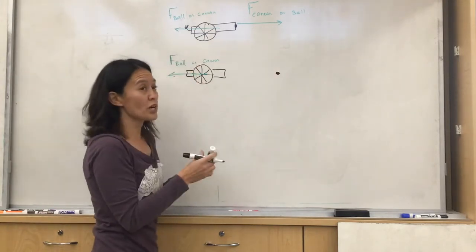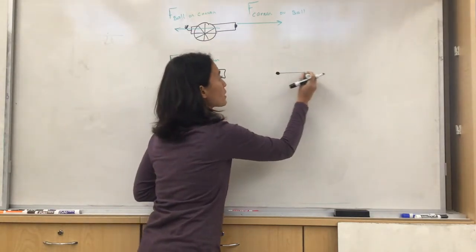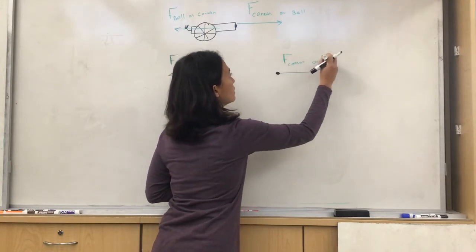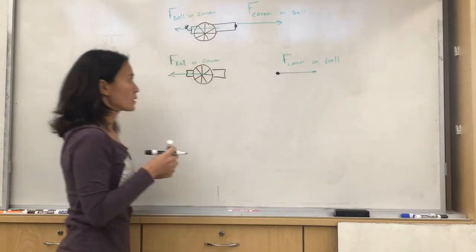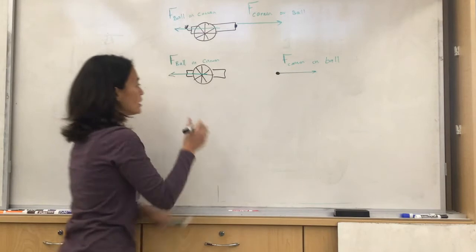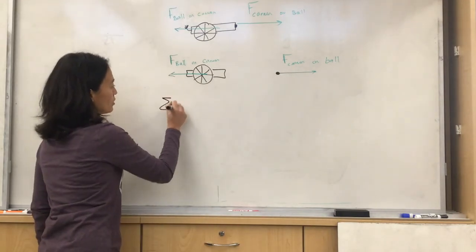So I'm drawing these free body diagrams separately. I've got the force of the cannon on the ball. Okay? So I've got my individual force diagrams.